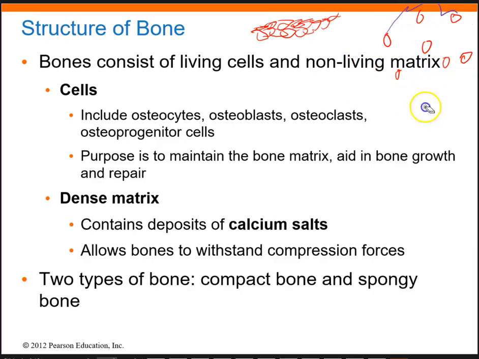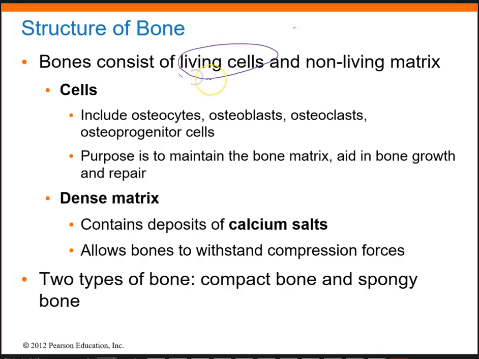So since bone is a connective tissue, it has both of those components. It has cells, and then it has this extracellular matrix. So bones consist of living cells and a non-living matrix. Again, I'm going to add extracellular, which is outside of the cells.